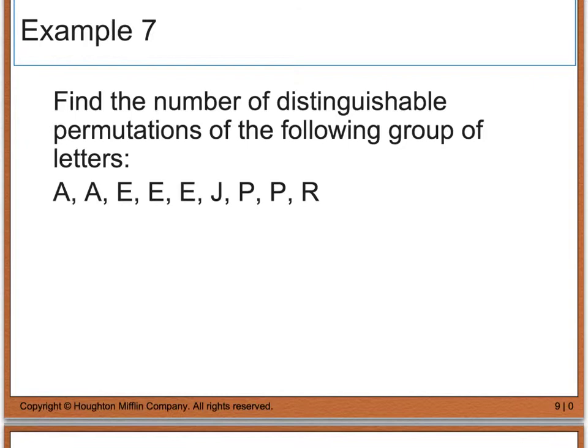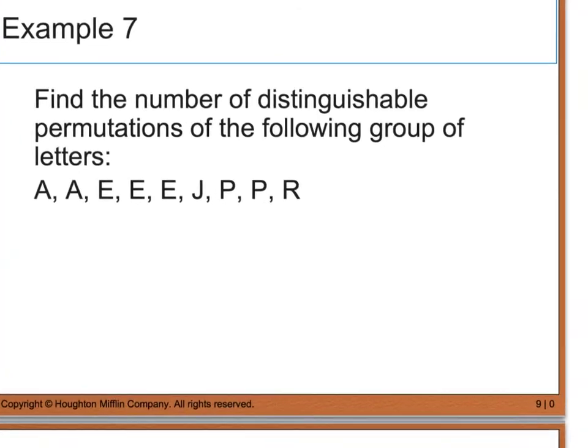Example 7 says to find the number of distinguishable permutations of the following group of letters. We have AA, EEE, J, PP, and R. So to calculate this, we're going to use the equation that we were just given. I see that I have 9 total letters.